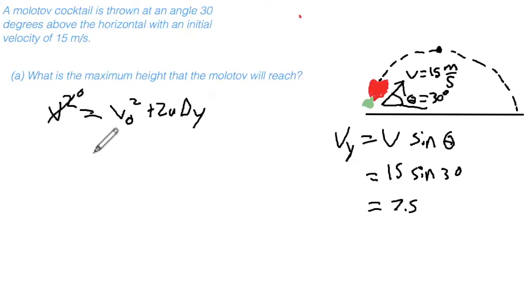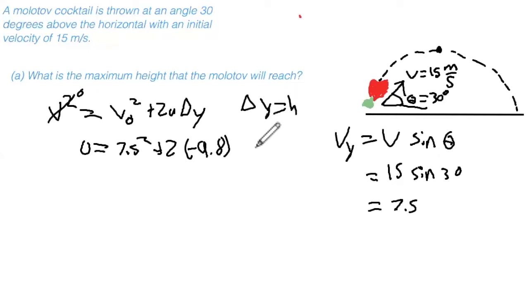Cancel that out. 0 is going to be 7.5 squared plus 2 times a. Since 7.5 squared is positive, that's the speed, a will be equal to g, and it has to be negative since it's decelerating. The change in height, we just denote that as h.